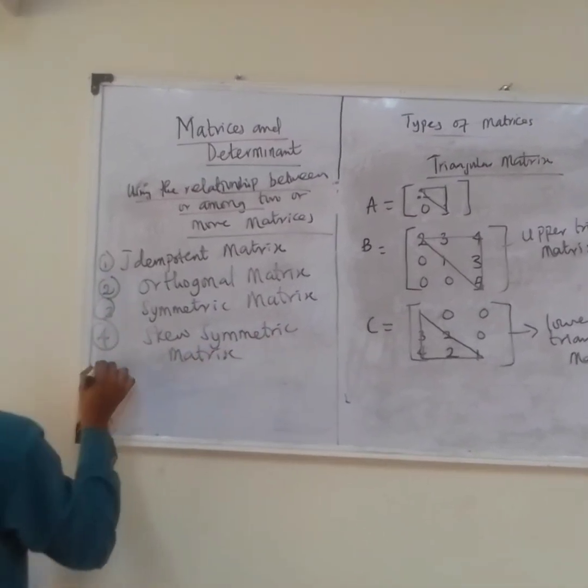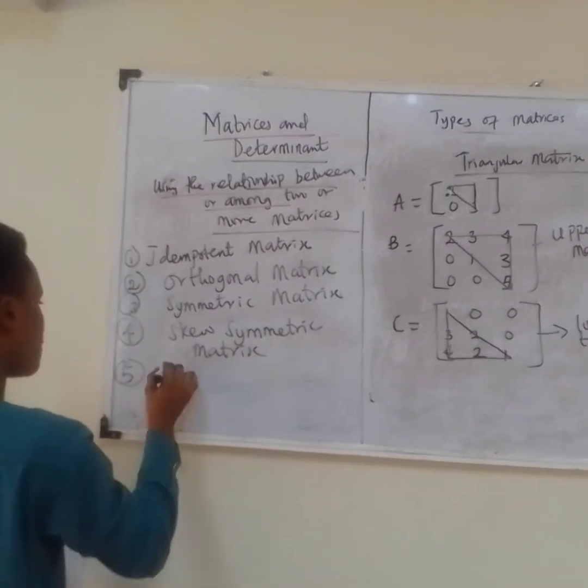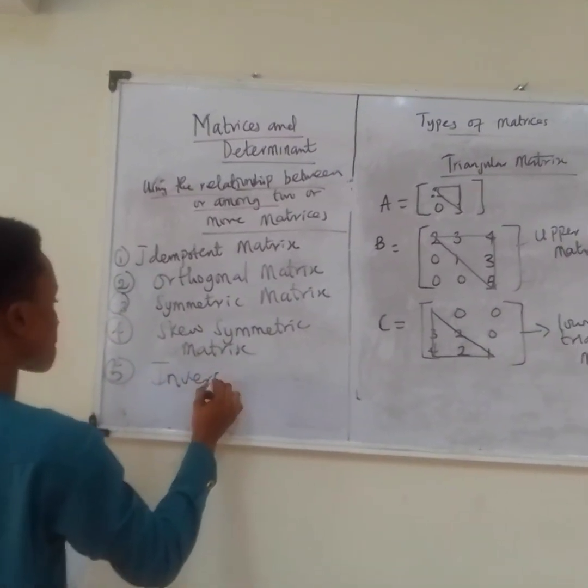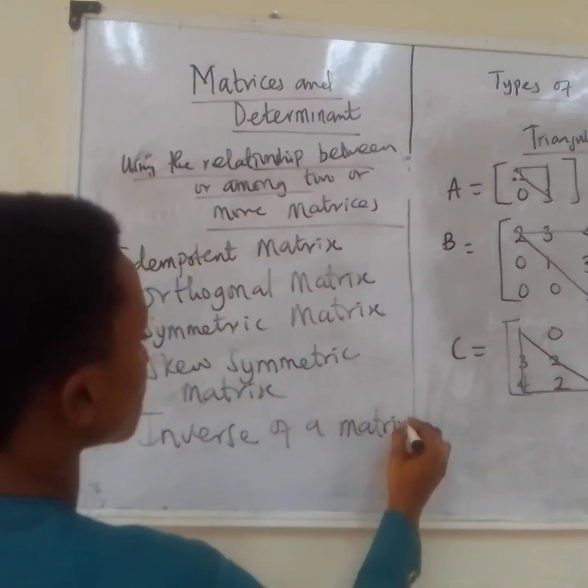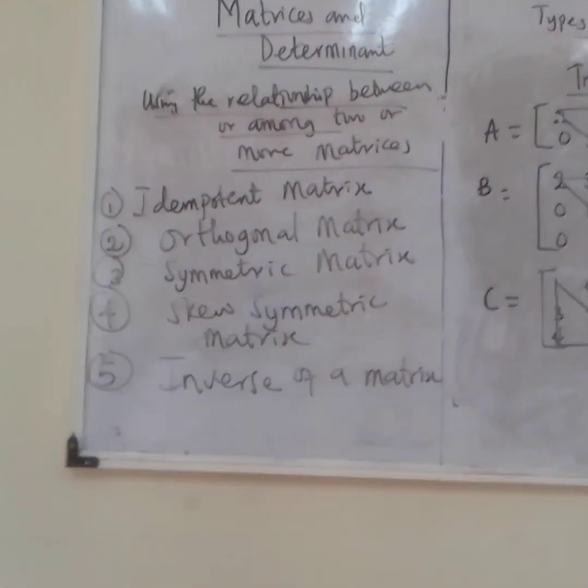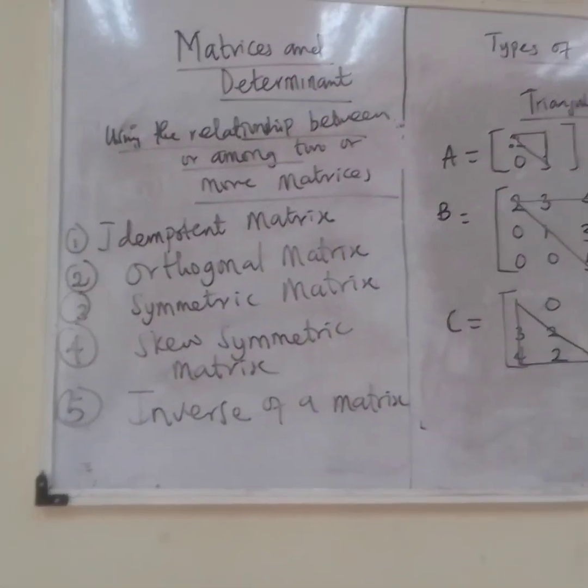Then 5, we have the inverse of a matrix. So we need to explain all these.